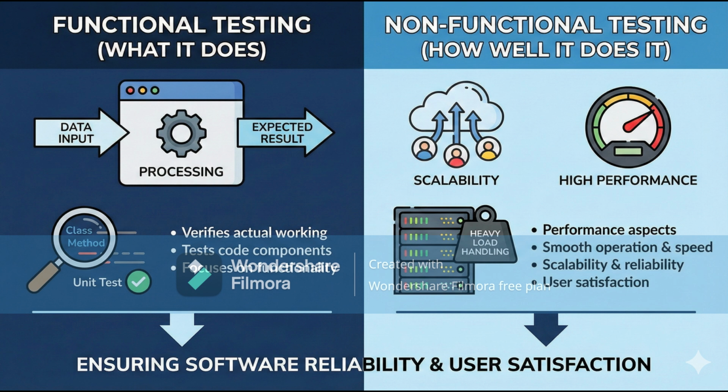Non-functional testing focuses on performance aspects such as smooth operation without lags, scalability of the application when deployed, for example on a cloud, and the ability to handle heavy loads like millions of simultaneous users. Performance and scalability factors are critical to ensure software reliability and user satisfaction.